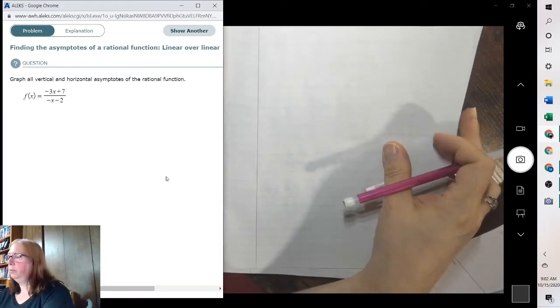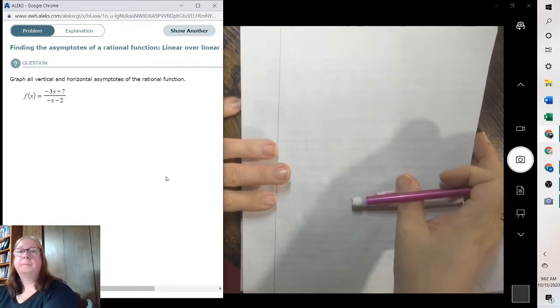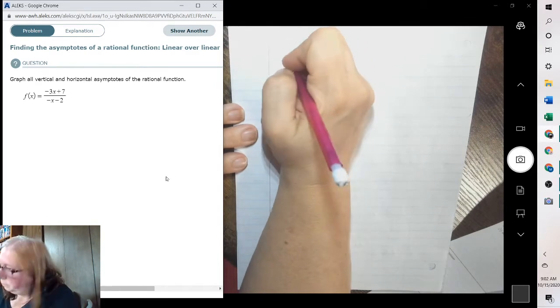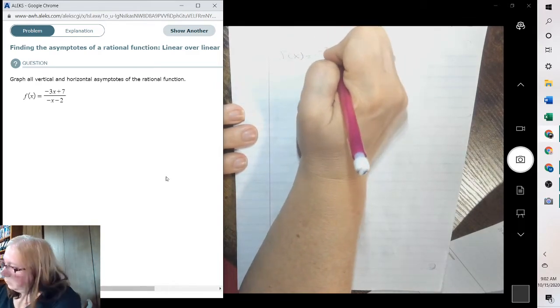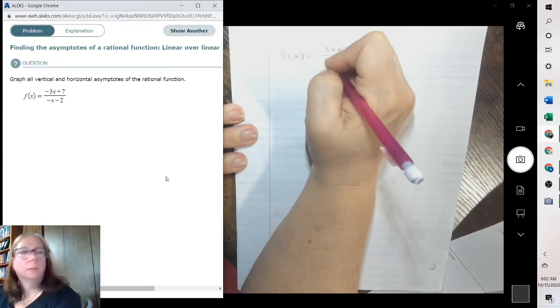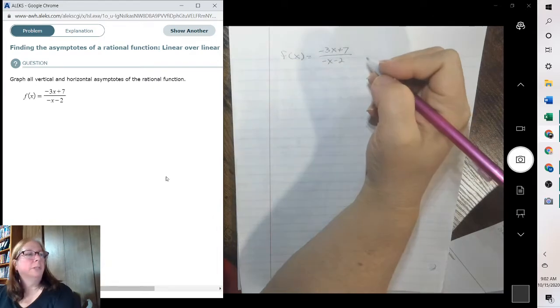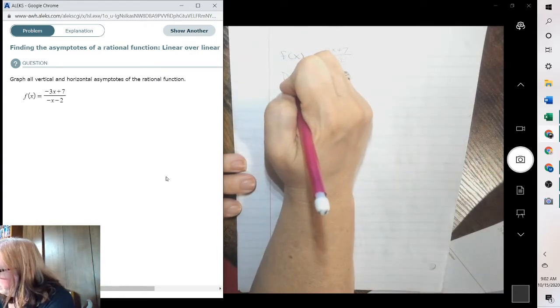So in this one, notice the degrees on the top and bottom. It's a little different. We don't have the constant. First thing we want to do is set the denominator equal to 0 to find the domain.